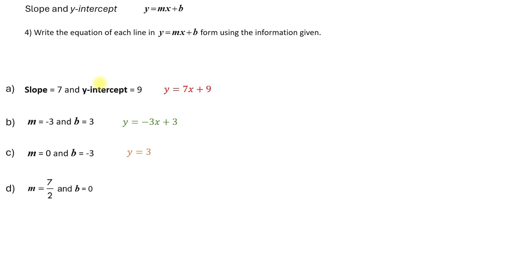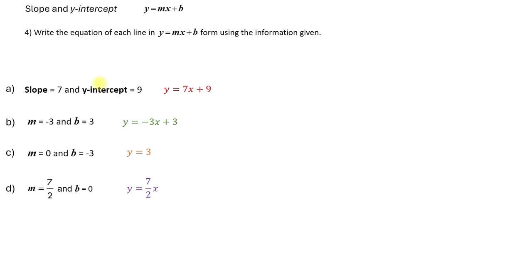For d, we're told that the slope is 7/2, and b, or the y-intercept, is 0. So we can say y equals 7/2 x, and because there is no, I shouldn't say there is no y-intercept, but it runs through the origin.